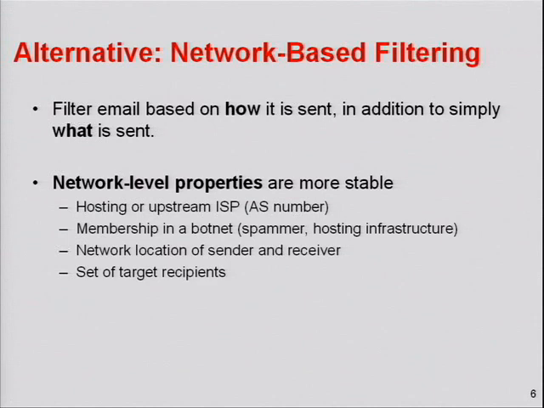It turns out, as we'll see, that's a fairly good property you can use to differentiate as well. Another one is who this particular sender has talked to in terms of recipient domains. Is this IP address just talking to Google, or is it talking to some set of domains that looks unusual, or unlike a set of recipients that a legitimate mail server might be talking to?